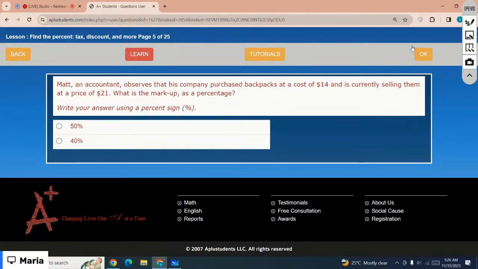Matt, an accountant, observes that his company purchased backpacks at a cost of $14. That is the purchase price, and sold them for 21. What is the markup as a percentage? Which is the correct option?